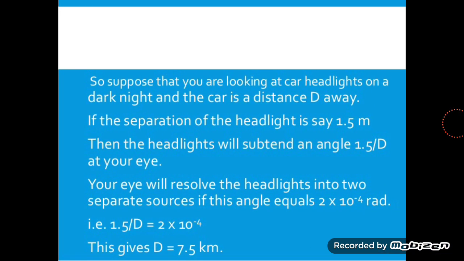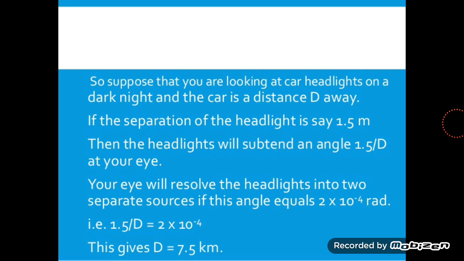Suppose that you are looking at car headlights on a dark night and the car is a distance capital D away. If the separation of the headlights is say 1.5 meter, then the headlights will subtend an angle 1.5 upon capital D. This is a routine example of our life.